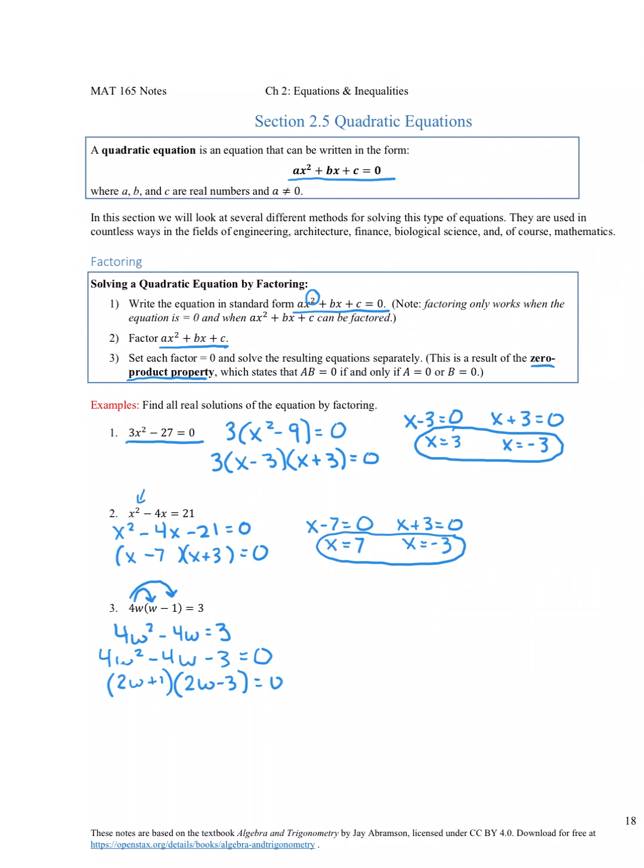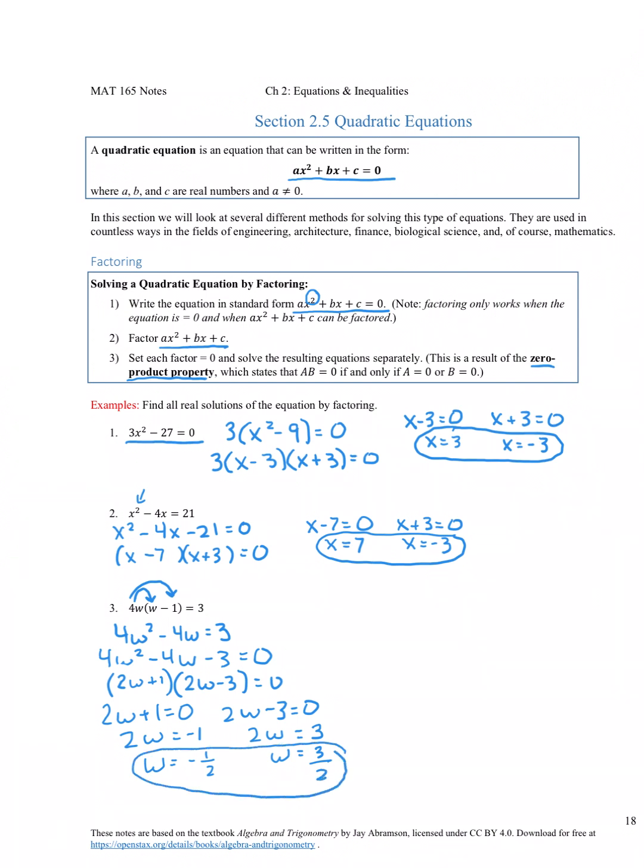And so we factored our quadratic, and now let's use the zero product property by setting each factor equal to 0. We're going to solve. Dividing both sides by 2, we'll get 3 over 2. So our two answers are w equals negative 1/2 and w equals 3/2.